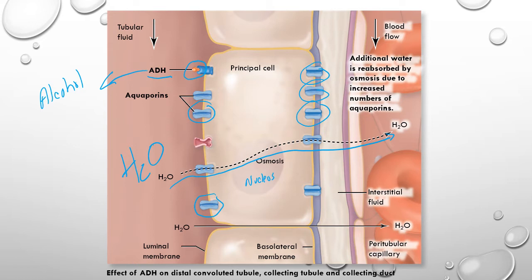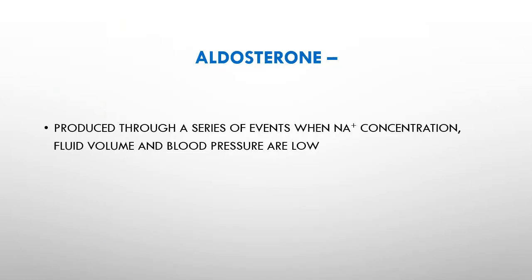So even if we were already dehydrated ahead of time, that alcohol is going to inhibit that release of ADH. We don't get any ADH, which means we get fewer aquaporins, and more water is lost in the urine. We're going to create that dilute urine in that scenario. That's why we need that ADH whenever we are dehydrated, to allow us to increase the reabsorption of water.